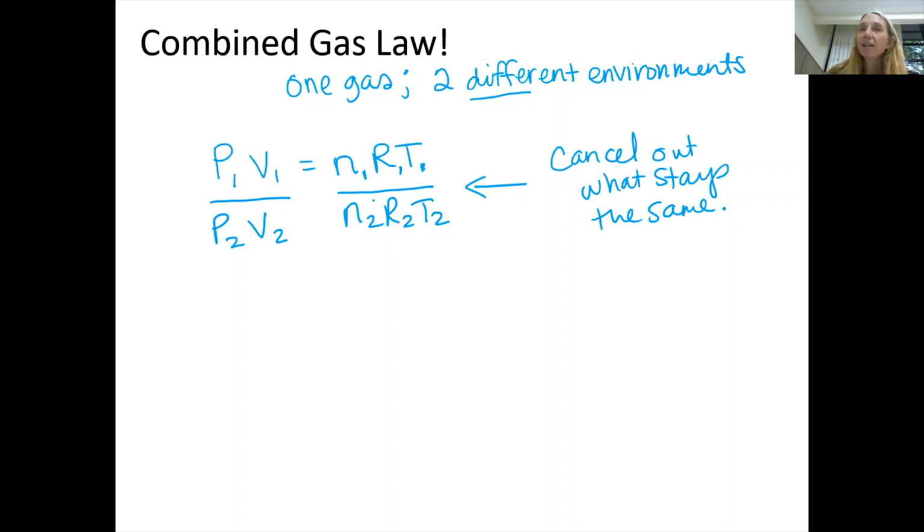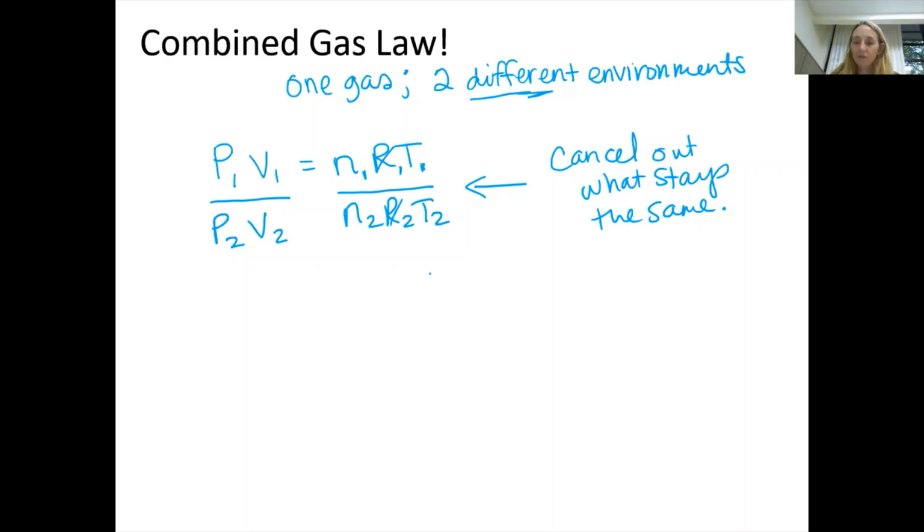In your book, it has a combined gas law that you have to memorize, but this is a shortcut. You just need to memorize PV equals nRT, and you have that memorized already. Because you're using two different environments, you use it twice. When I cancel what stays the same, R, for example, is a constant on the top divided by the constant on the bottom, so it will cancel out.